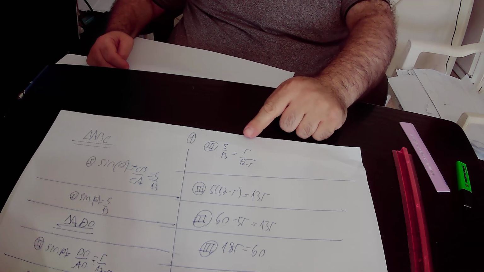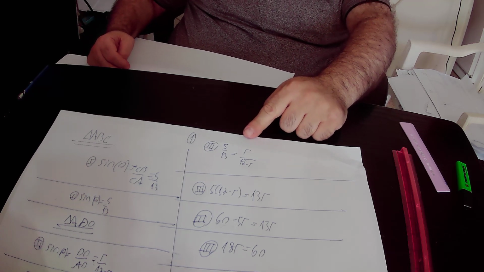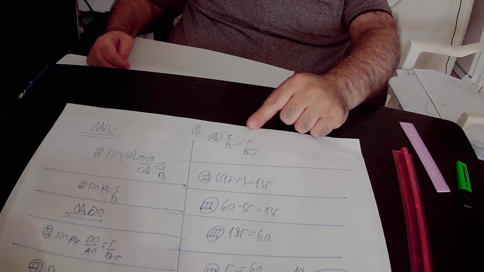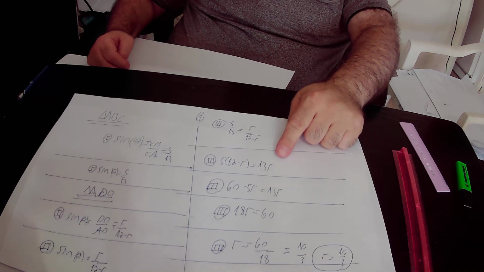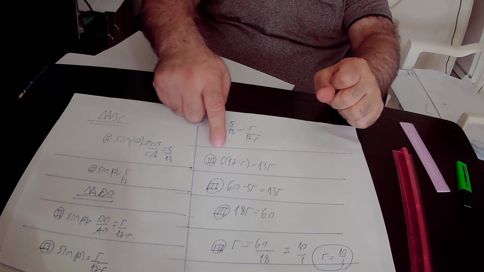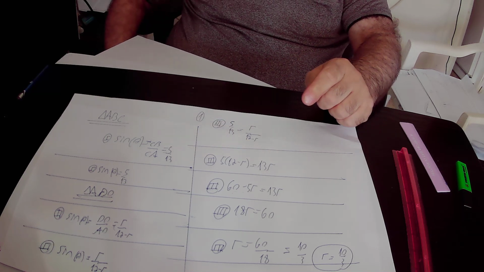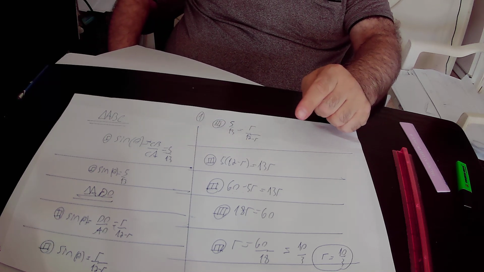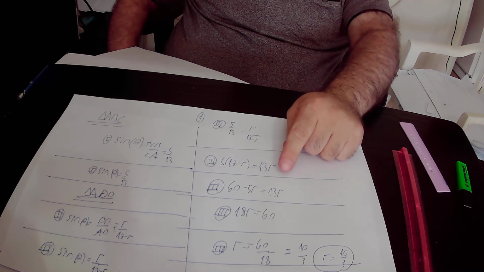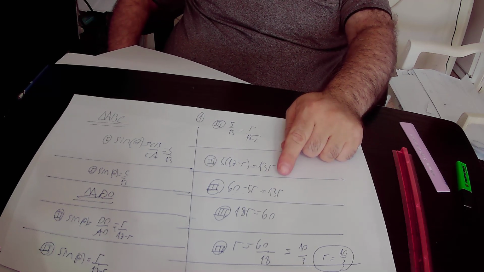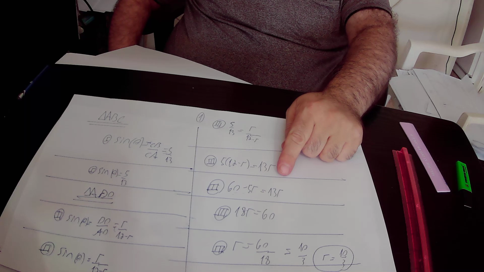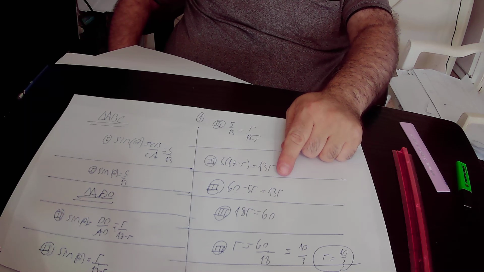So here we cross multiplied equation number 3, and we got that 5 times 12 minus R equals 13R. We opened the brackets on this side of equation number 3 and we got that 5 times 12 is 60, 5 times minus r is minus 5r, it equals 13r. We added 5r to both sides, and we got that 13r plus 5r is 18r.